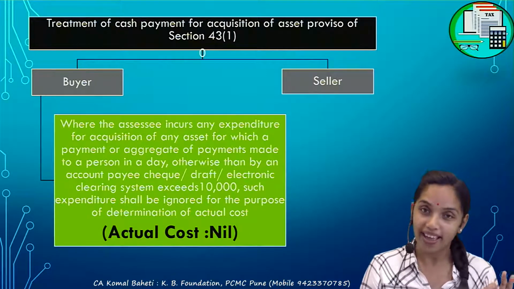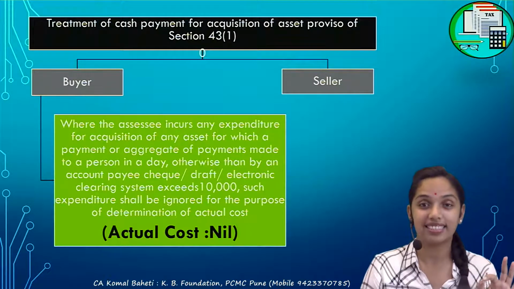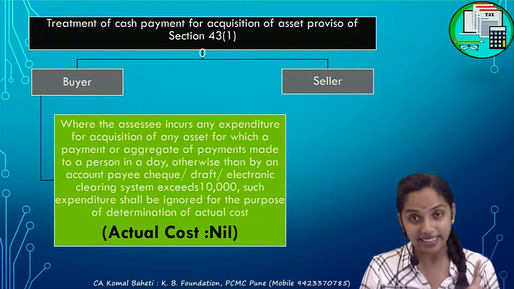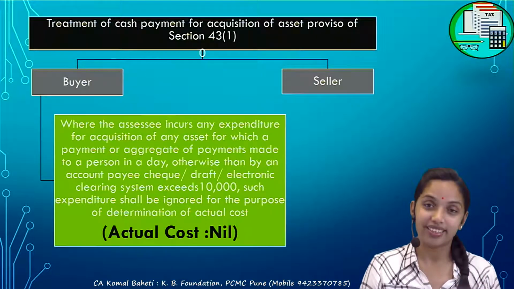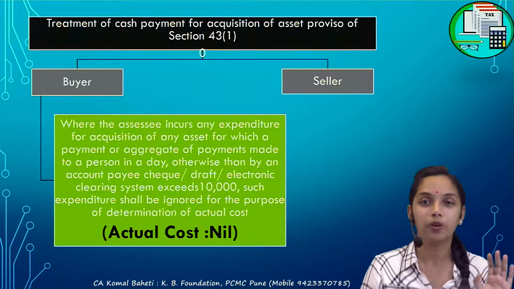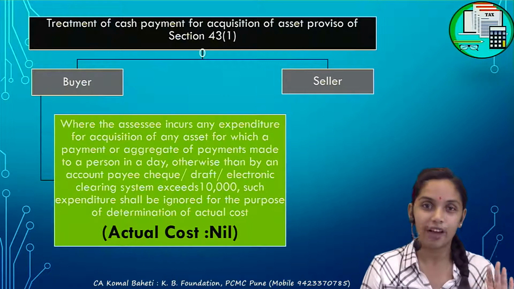If you had acquired an asset with a cash payment, and the cash payment amount exceeds 10,000 in a day to a single person, then that part of the cost should be ignored for the purpose of calculation of the block of assets. Are you clear with this?